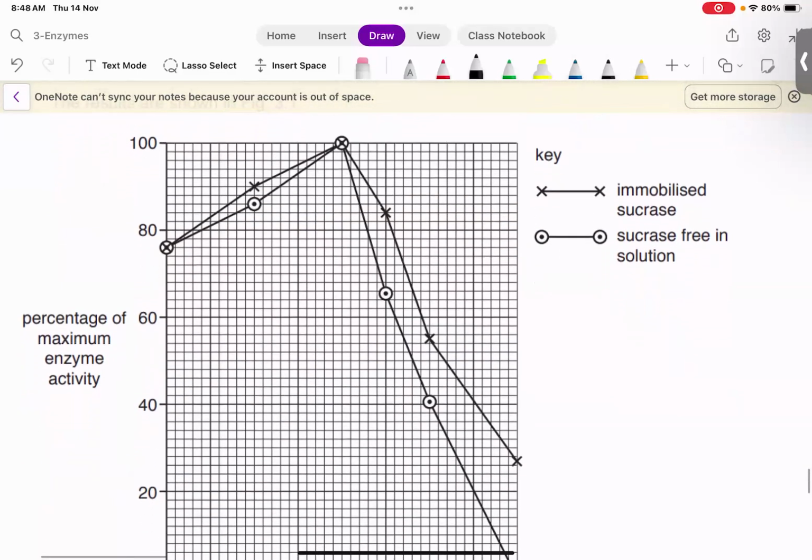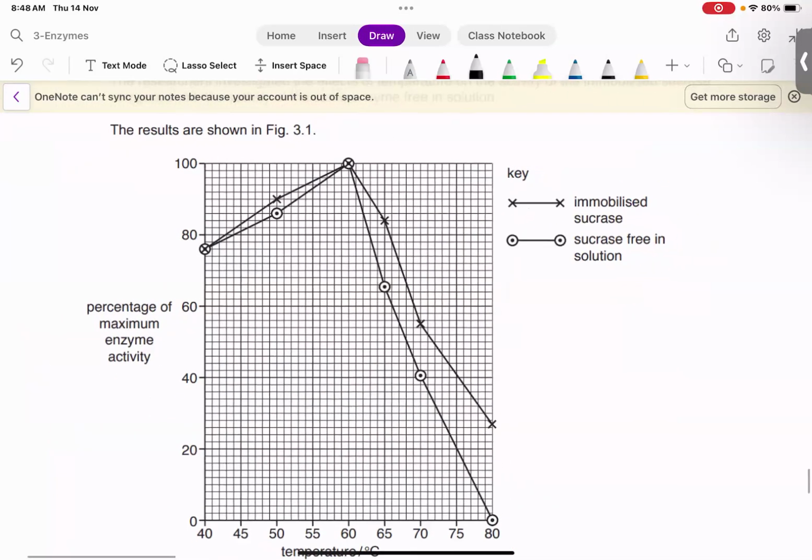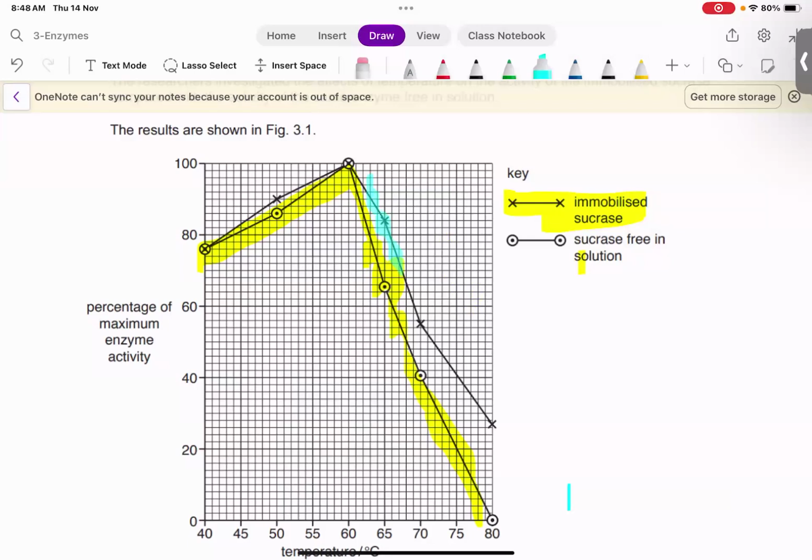And they recorded their results on this graph. The rate of immobilized sucrase is given in this graph, and the sucrase free in the solution is given. So this is the graph showing the rate of free sucrase enzyme, and this shows the rate of immobilized sucrase.